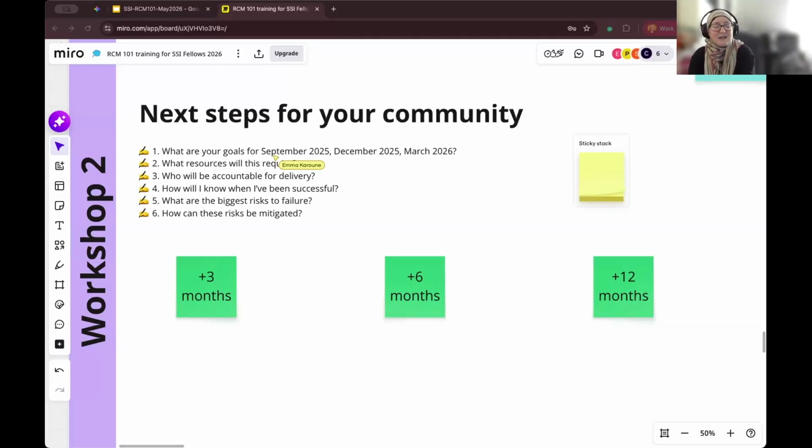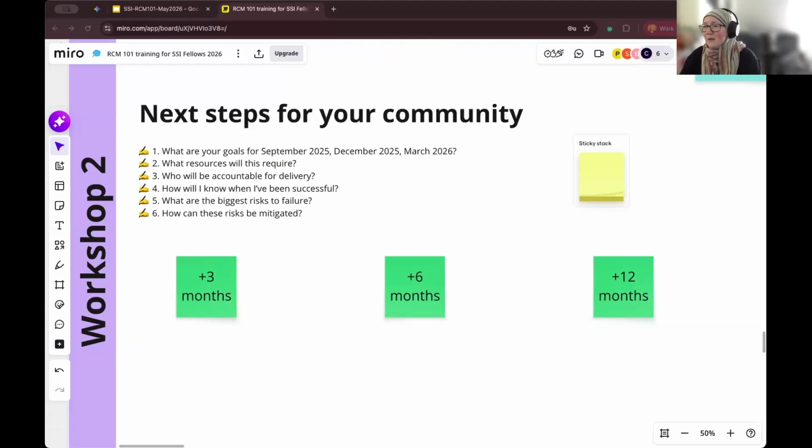You could mitigate that by not running your event in the summer holidays when people go on holiday, or on a religious holiday. If you planned an event on Christmas Day in the UK, you are not going to get many people coming. So there are certain mitigations that you can take to your risks.